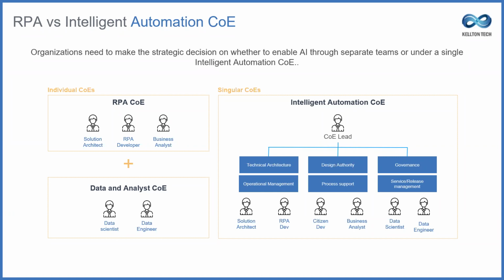So that is the thought process. There is no one golden rule. Depending on your as-is state, depending on the centricity of your IT organization, you can pick one or the other.